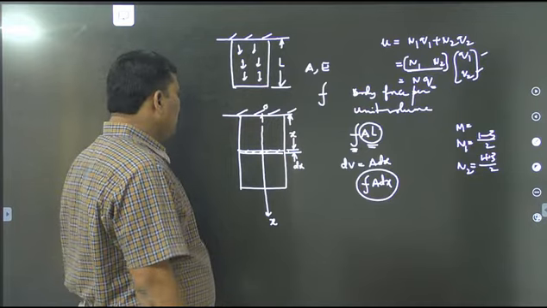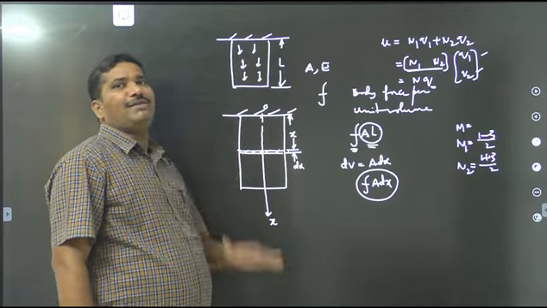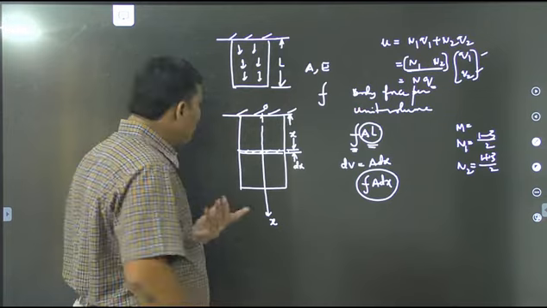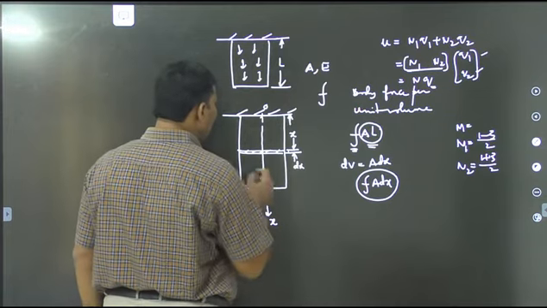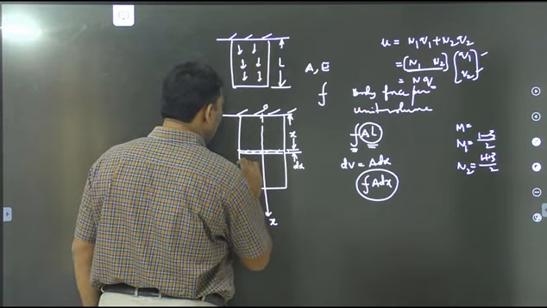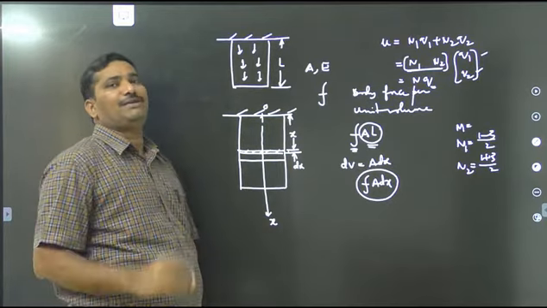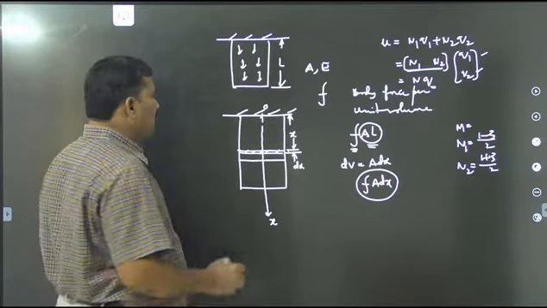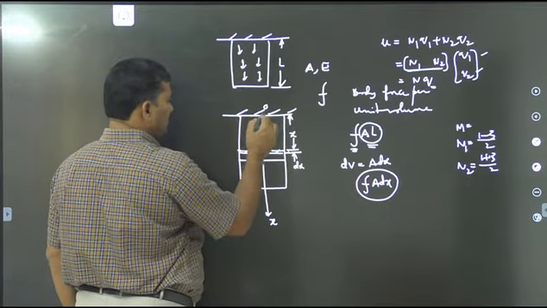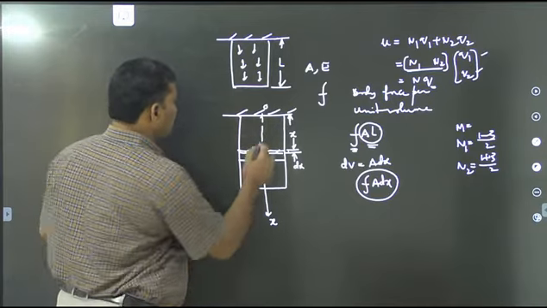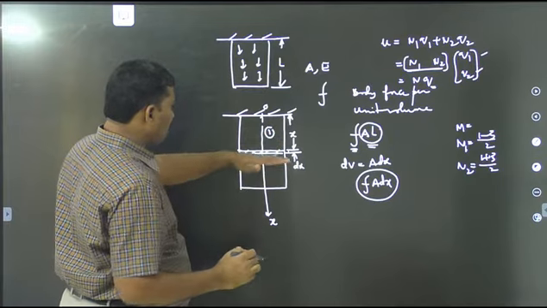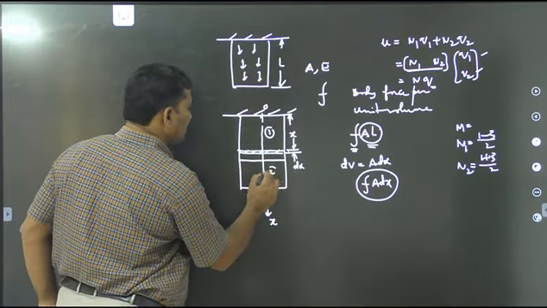Understand? Now, when you implement the finite element method, what is the basic idea? Our basic idea is to divide the given solid into a number of finite elements. I take, for example, two elements here. From here to here is one element, and from here to here is another element.